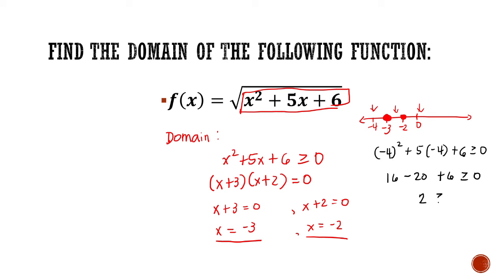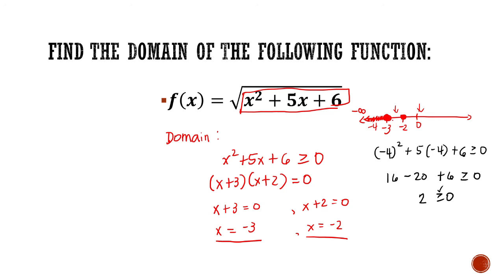Now, is 2 greater than or equal to 0? Yes. 2 is greater than or equal to 0. Na-satisfy yung quadratic inequality. Therefore, the numbers to the left of negative 3 are part of the domain of the function. So all numbers from negative 3 until negative infinity are part of the domain.